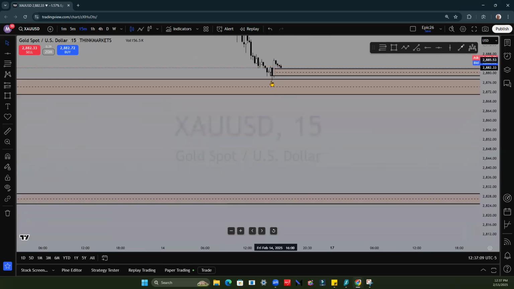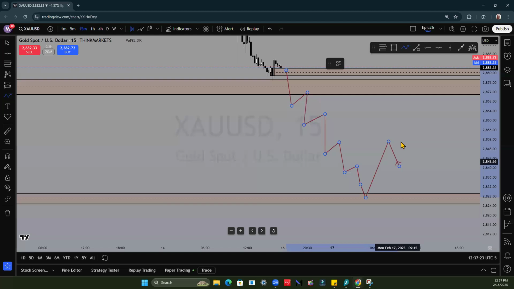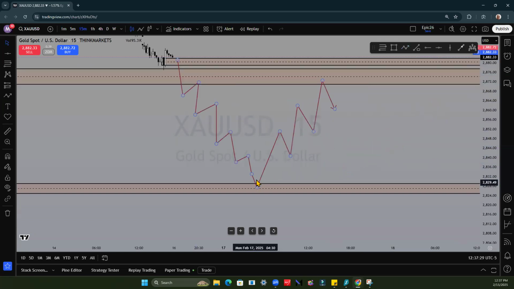Okay, so it may blow past this area that we created here and all the way down to fill this gap and then trend higher. All right, and remember you're looking for a bullish engulfing candle.